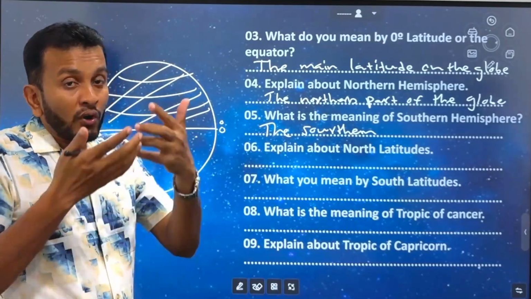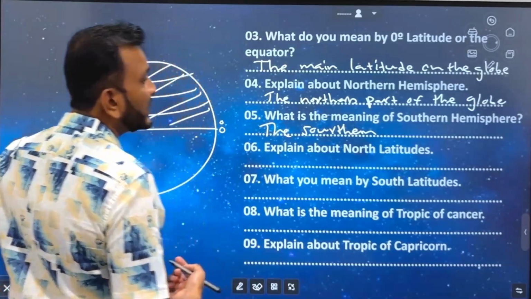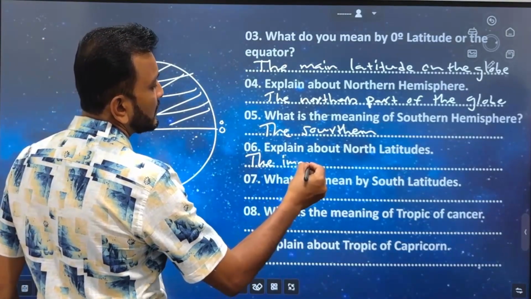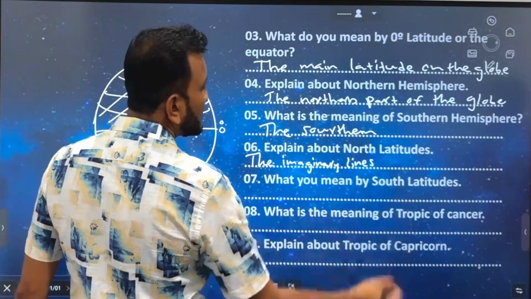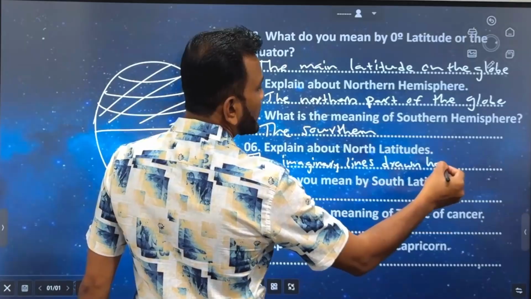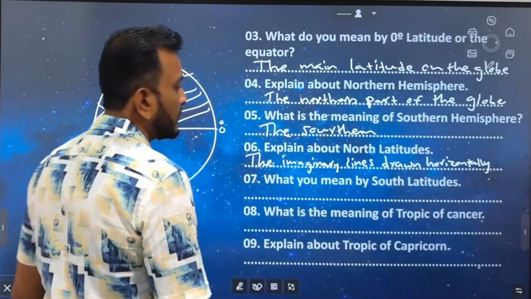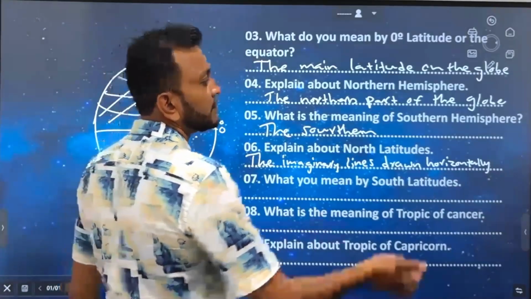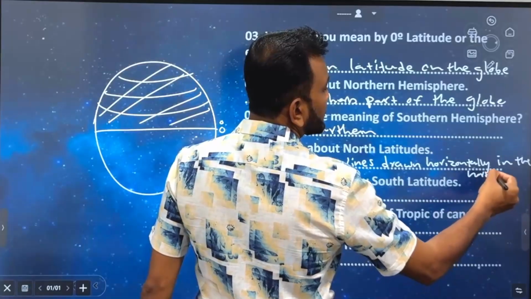The imaginary lines drawn horizontally in the northern part of the globe.